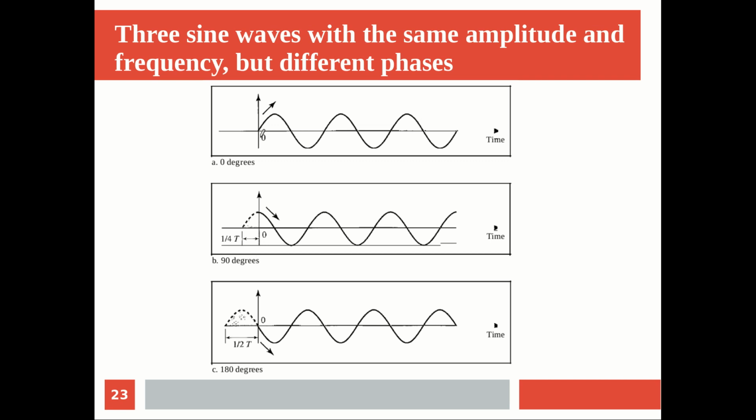No shift means 0 degrees, a quarter shift means 90 degrees, and half of the cycle shifted means 180 degrees. Similarly 270, any value you can think of. If the full wave is shifted, that is 360 degrees. So this part only we are considering.